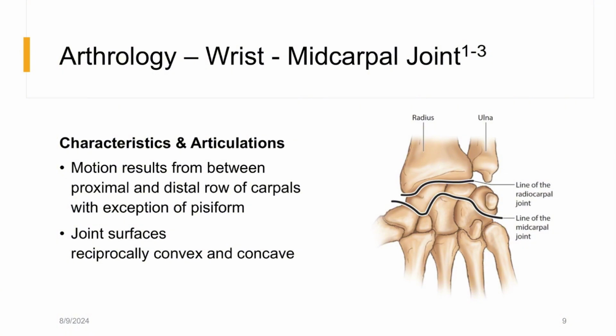And this is at the medial row. So I'm talking about the articulation of the scaphoid, not with the radius. I'm talking about the articulation of the scaphoid with the medial row of carpal bones. So as you look at this, you can see how it changes reciprocally convex and concave joint surfaces.